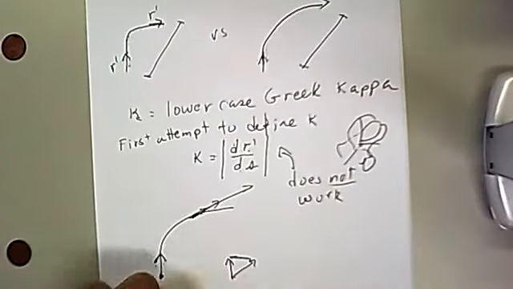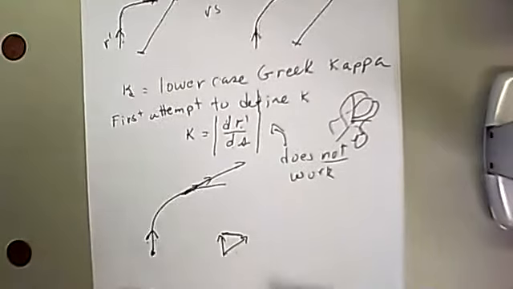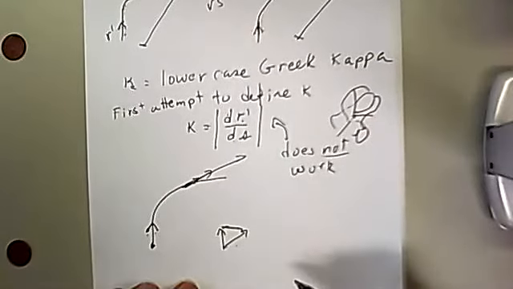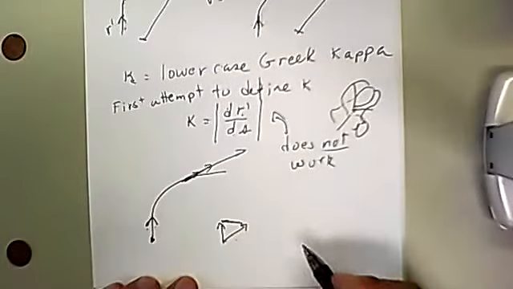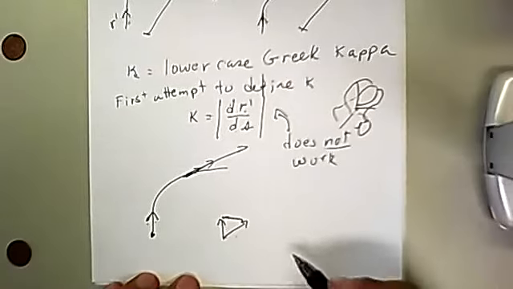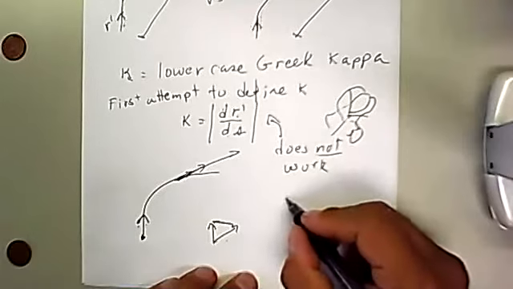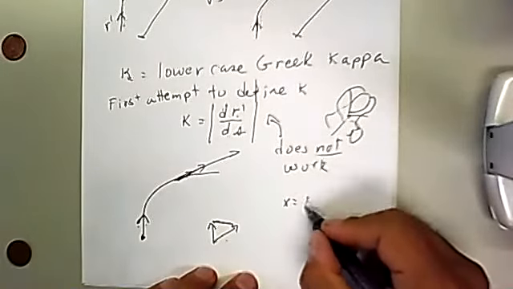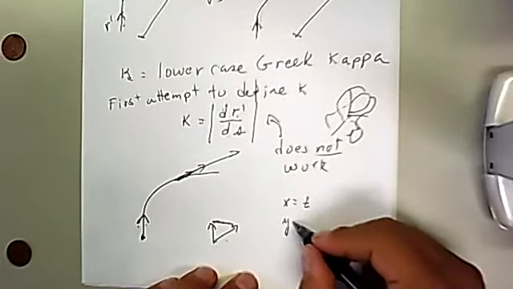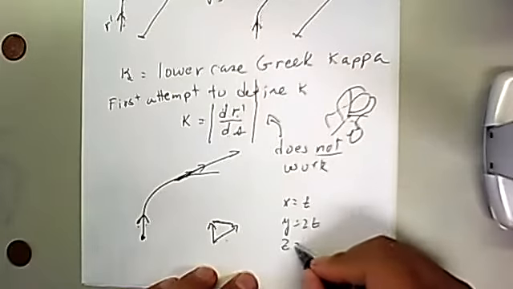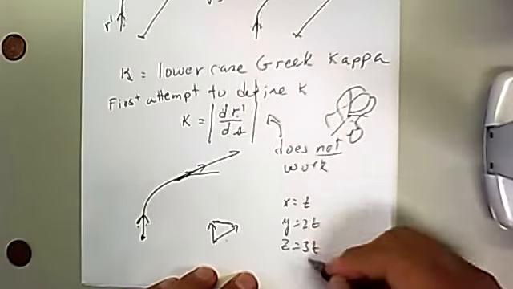Remember, when we parameterize curves, as in one of the first videos about parameterizing curves, let me just give you a quick example. Let's say you have x equals t and y equals 2t and z equals 3t. Well, that gives us a curve.